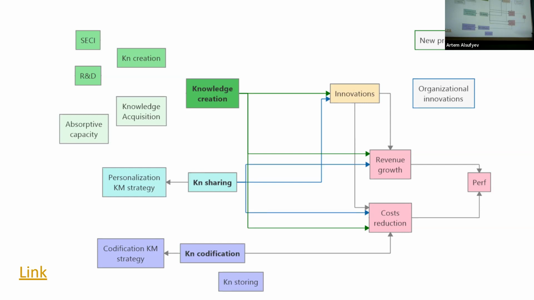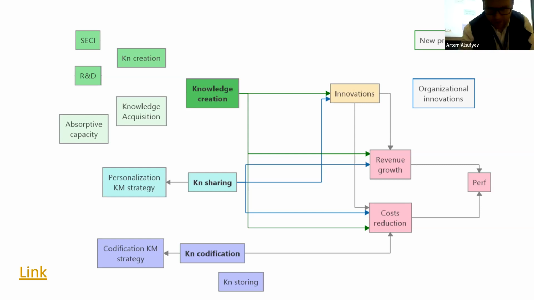From here, you can already see that we have two knowledge management strategies: personalization around knowledge sharing, and codification around the codification process. And here already is the differentiation between knowledge creation and knowledge acquisition.